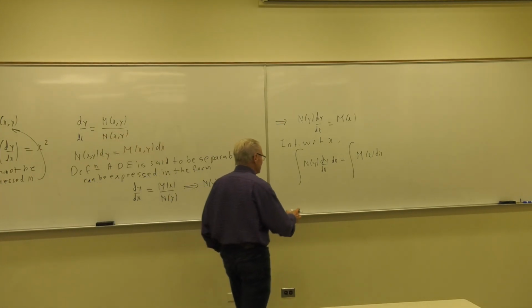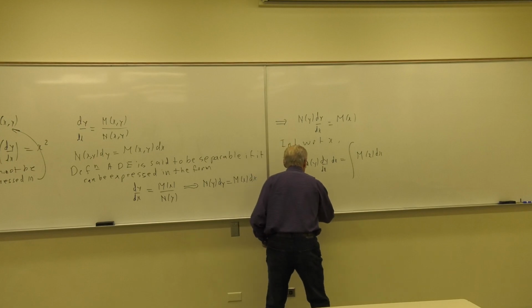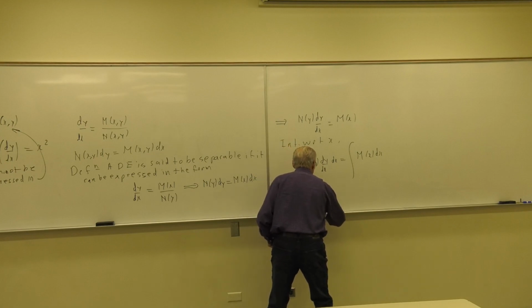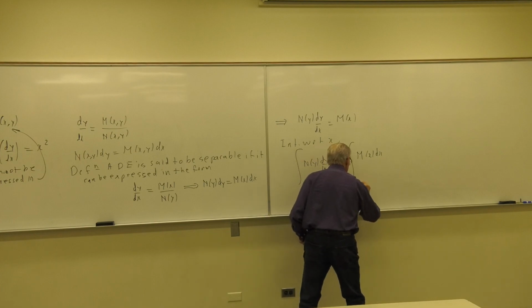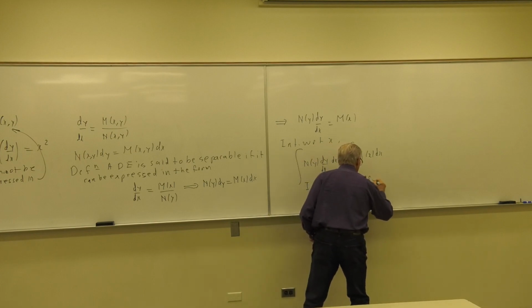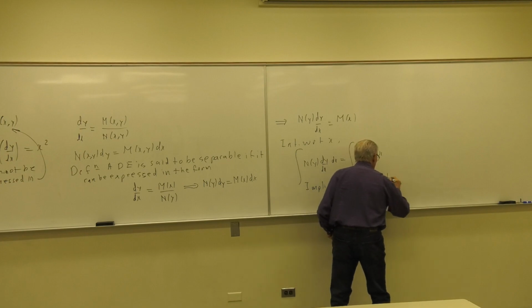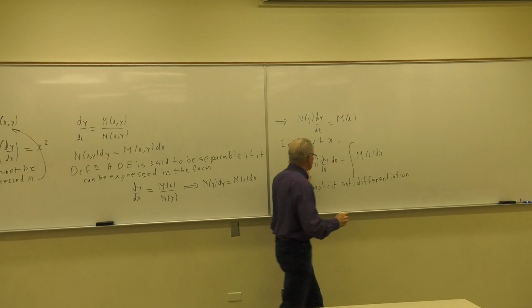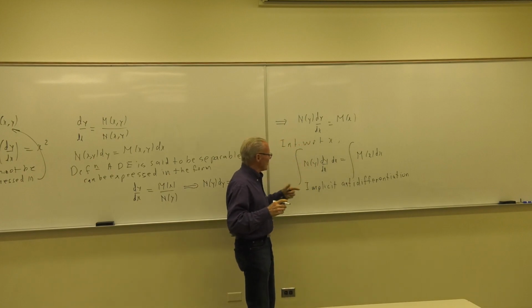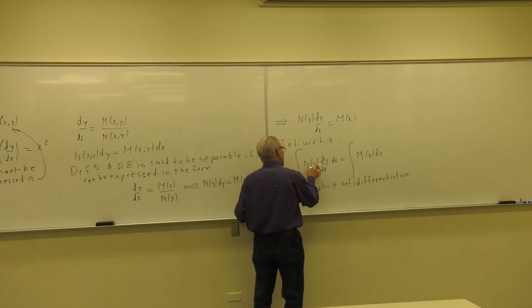Now, what about the left-hand side? What you have to think about on the left-hand side is that this is implicit anti-differentiation. You're saying to yourself, find me a function with y's in it, so that when I differentiate it, I get n of y times dy/dx.